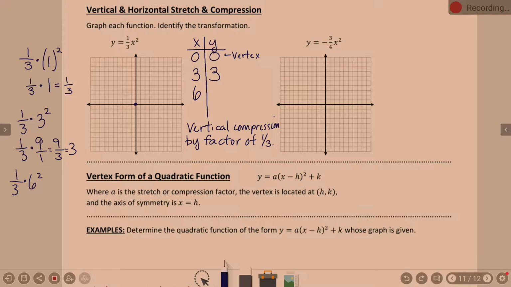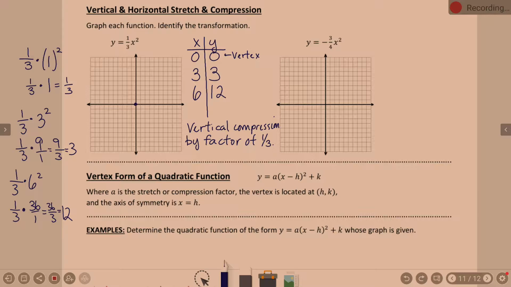You guys are looking at me like I'm crazy, so. Okay, 6 squared is 36. If you're doing 1/3 of 36, multiply across, it's 36 divided by 3, which is 12. That's why I didn't really want to use 9, because that's going to even give me a bigger result.